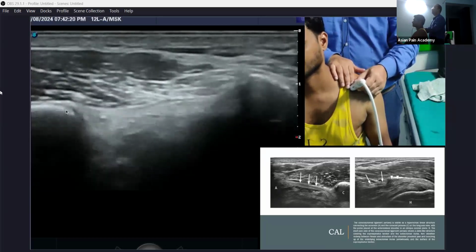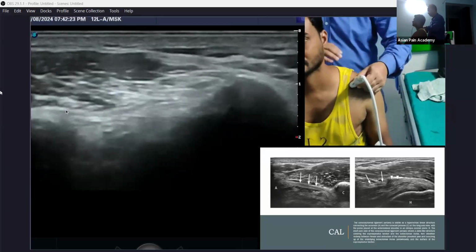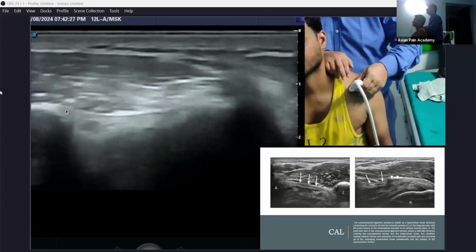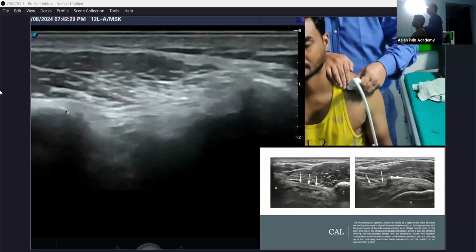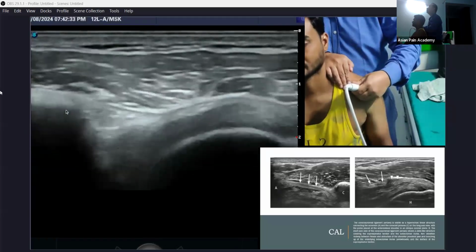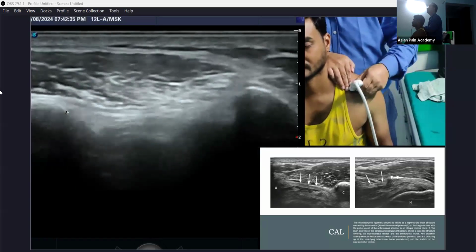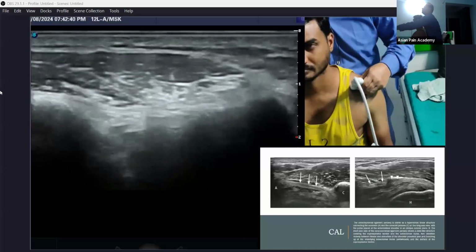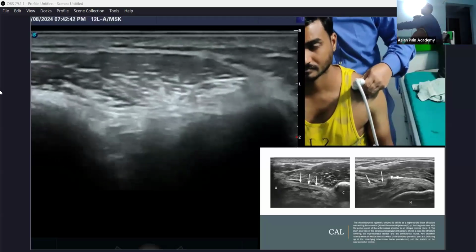Let's see more nicely. It starts from the coracoid and moves to the acromion. You can see a fibrillar structure.